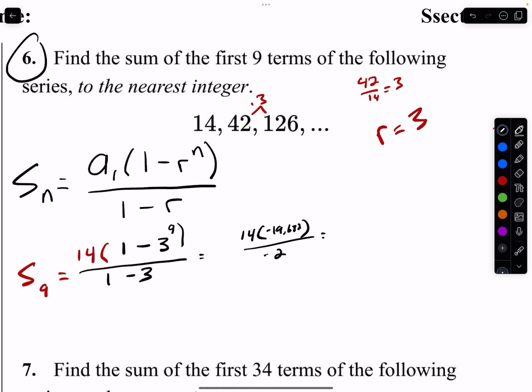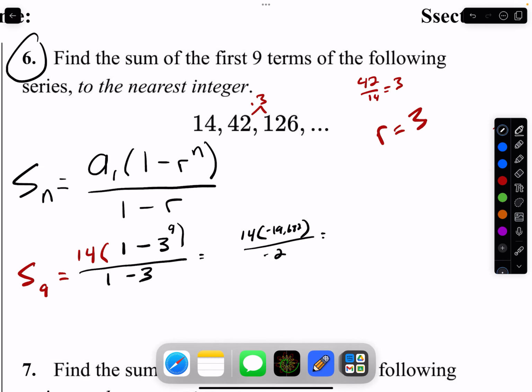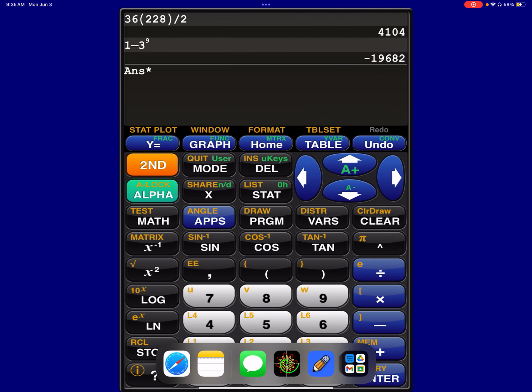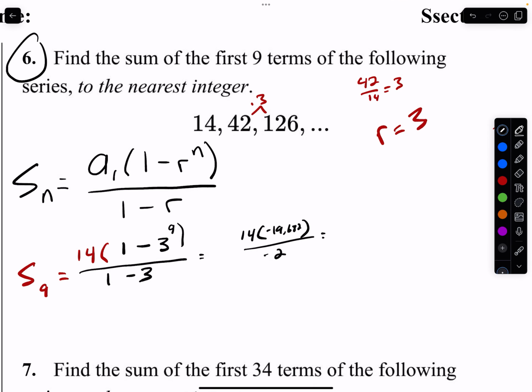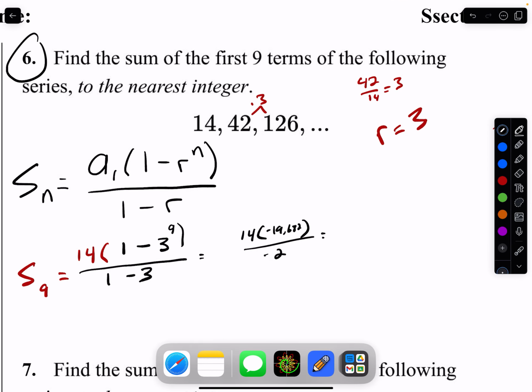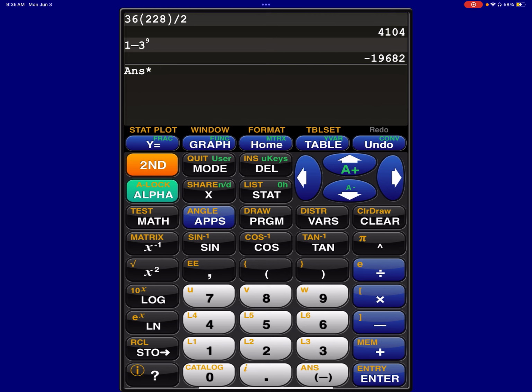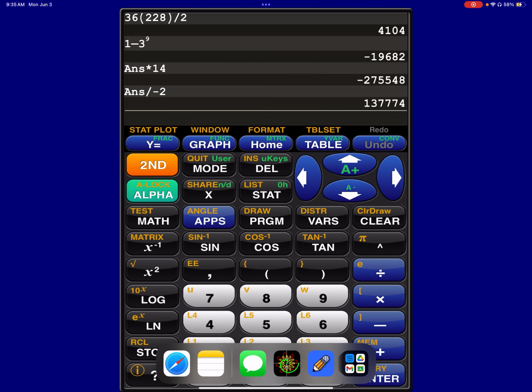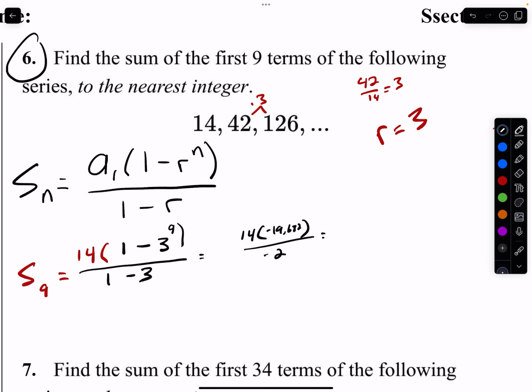So if I go ahead and do that on the calculator, I'm just going to multiply by 14, and then divide by negative 2, and I'm going to come up with an answer of 137,774.